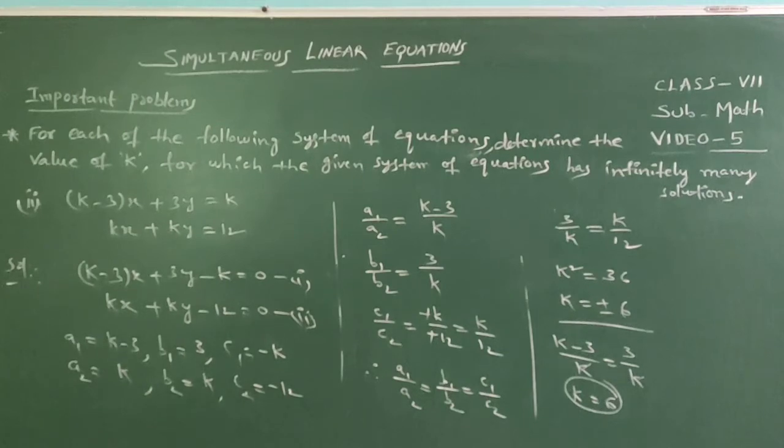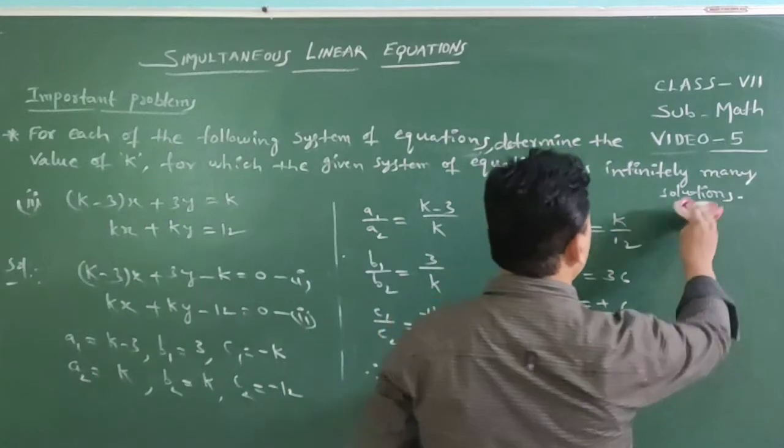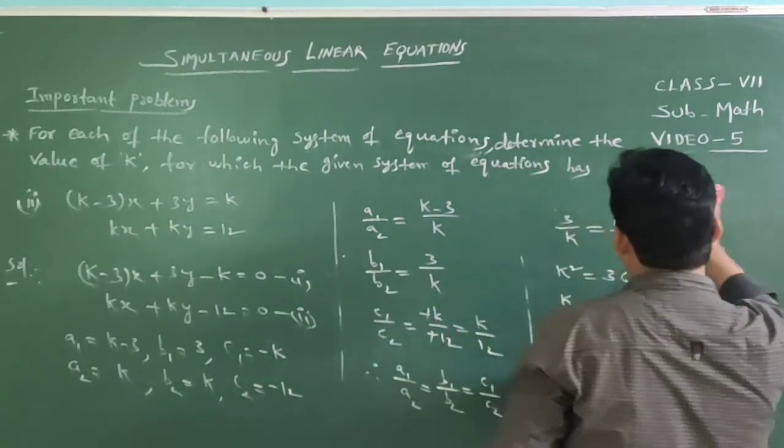Next, for each of the following systems of equations, determine the value of k for which the given system of equations has no solution.